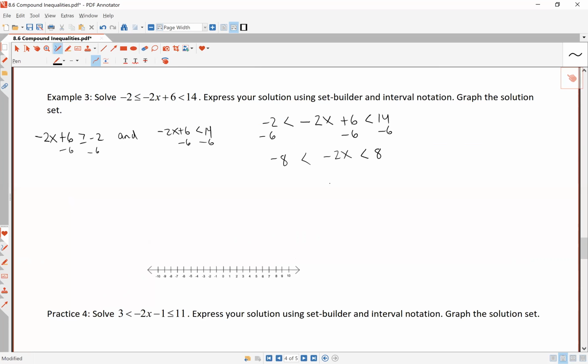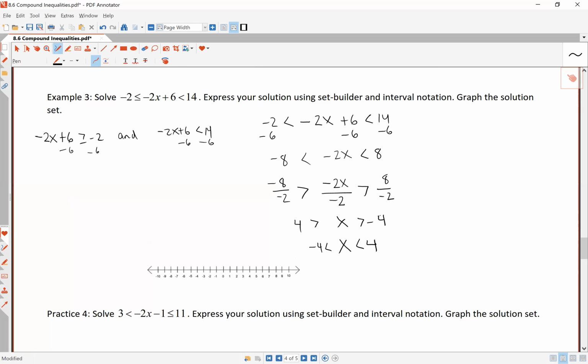Now we have to divide by the -2, which means we have to flip both of our symbols over and get x is less than 4 and greater than -4. And now we rewrite this the other way with the smaller number on the left and the bigger number on the right.